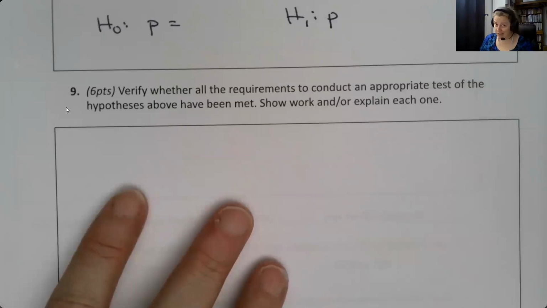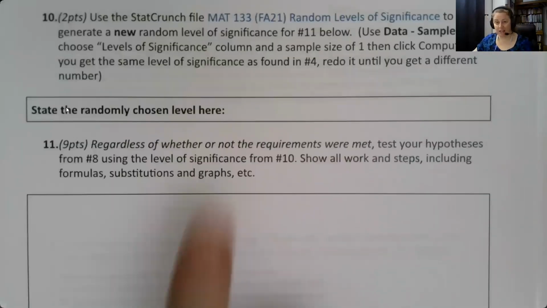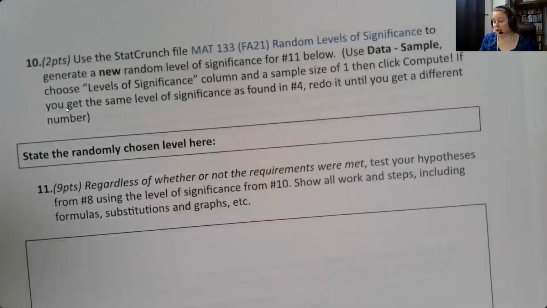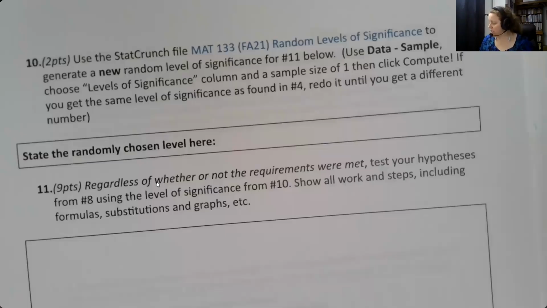It's pretty much the same thing as what you did on the last one. And then you've got your second confidence level right here, which I just did them both together at the same time. So I've got like 0.04 as my second one. But you could run it again if you need to run it again. So 0.04 is my second one. And then I put that in, and then I answer all the questions.